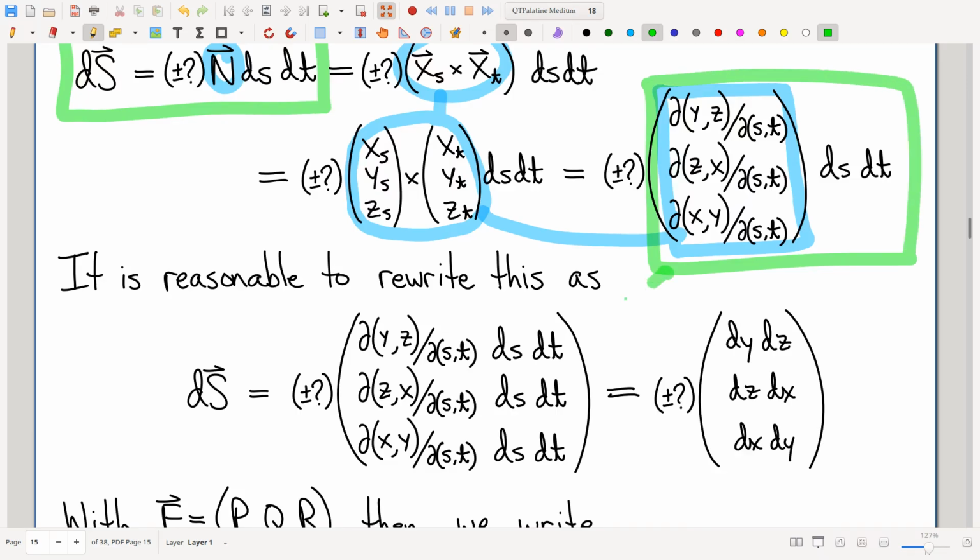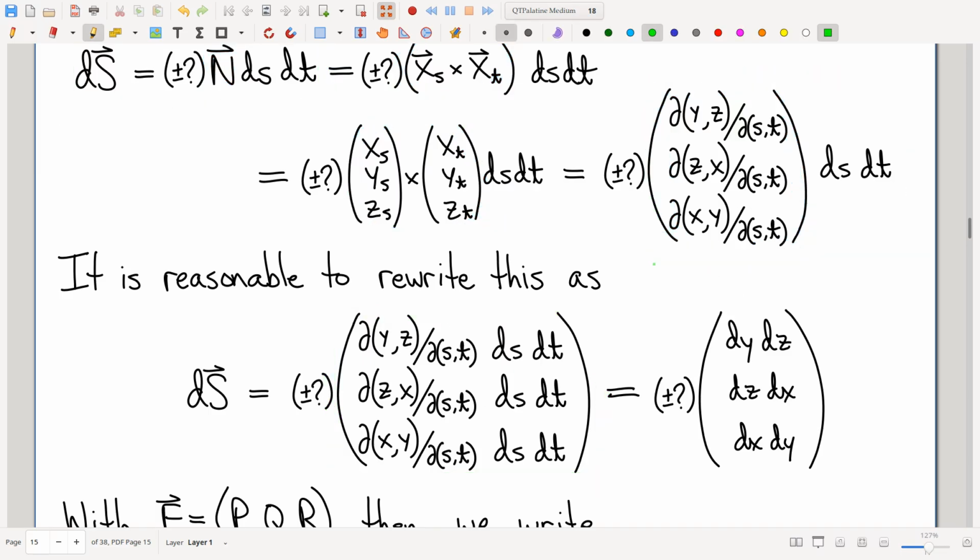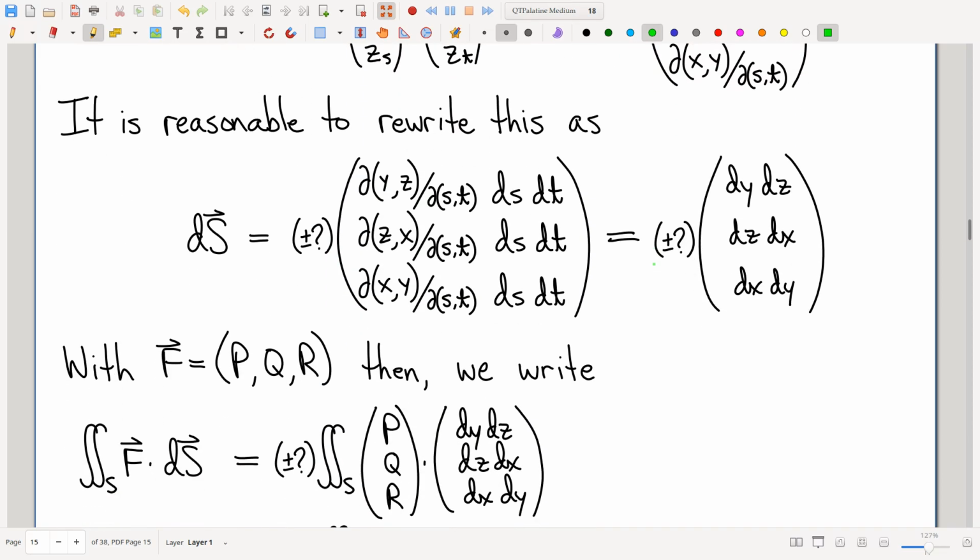So that having been noted, let me point out that we can take this new formula for our ds vector and distribute the differentials, those scalar differentials, on the outside. And now let's just ask the reasonable question, how would we interpret these coordinates? How would I interpret, for example, this right here, dx, dy over ds, dt?